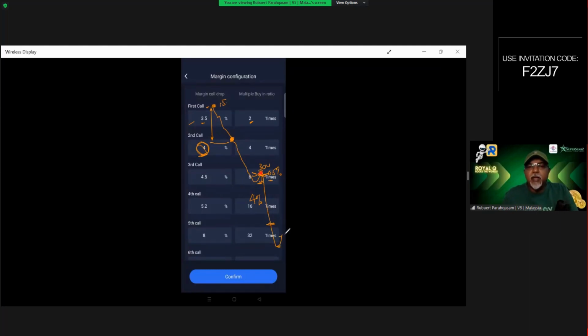Then it will buy here. How much will it buy? 4 times 15, so it will buy for $60. That's how it keeps going lower and lower. Every time it drops by this percentage, it will start monitoring, wait until the callback happens, and then it will buy, up to 7 calls, because we set it as 7 earlier.